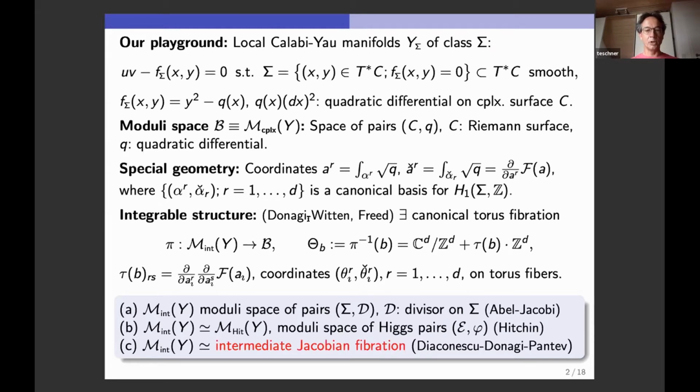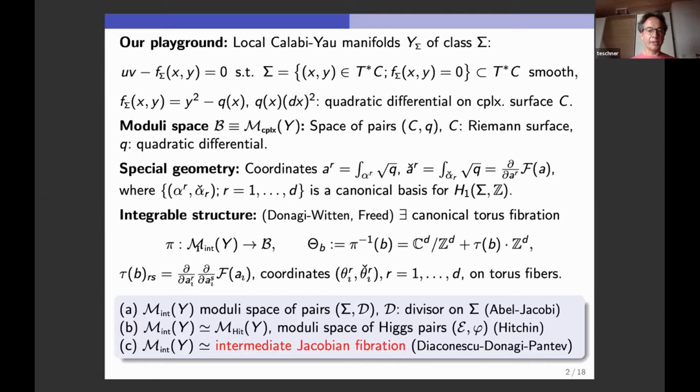Basically, over each point of the base manifold, which here is identified with the moduli of complex structures, we can define a torus by this equation, where the main data parameterizing the geometric structure of the torus is the period matrix tau, which in turn is the matrix of second derivatives of the prepotential.